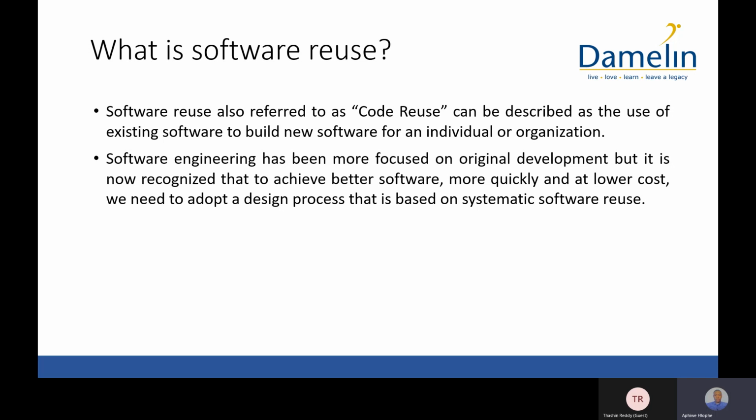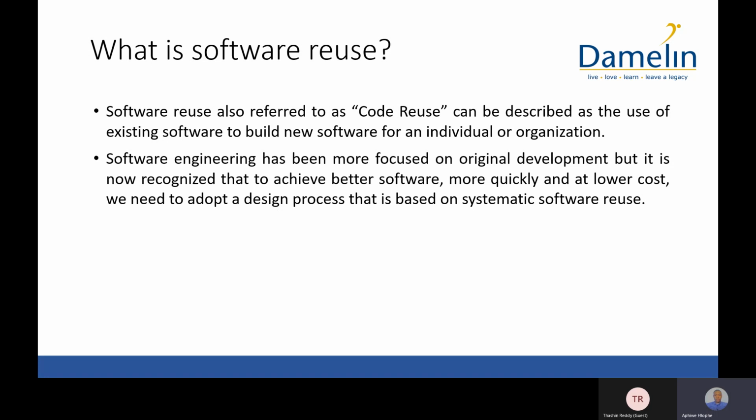So the whole discipline of software engineering has moved away from original development because of the new requirements of the software that we build. You can't limit it to original development, because then it means that you need to define the scope of work from scratch. So you need to move away from original development because it's unsustainable in terms of modern software.